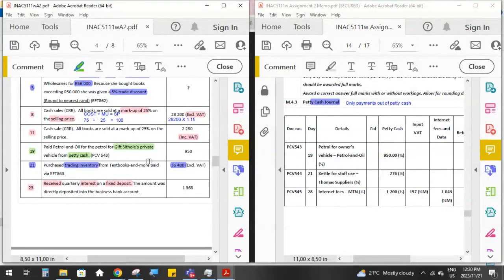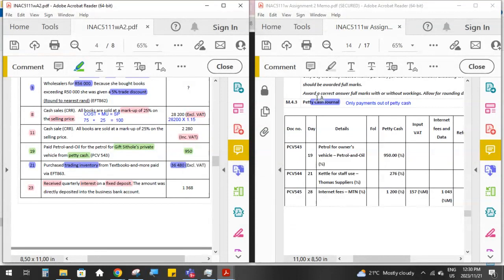So the business can't take that as a business expense because it's a personal expense of the owner. So remember, whenever the owner transacts with the business, we then have to use either the capital account if they contribute in or the drawings account if they take out. So here Gift is taking 950 Rand of the business's money for her own personal use.